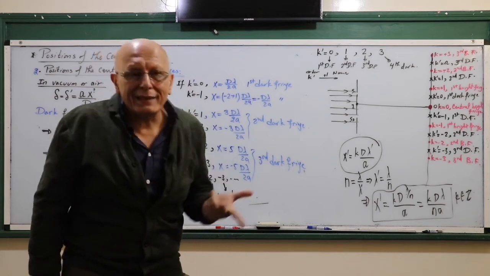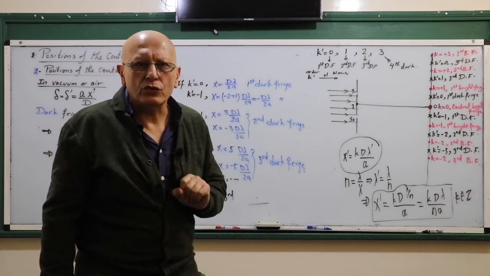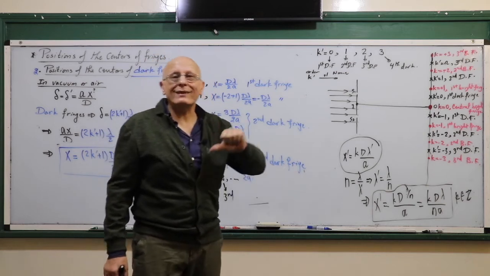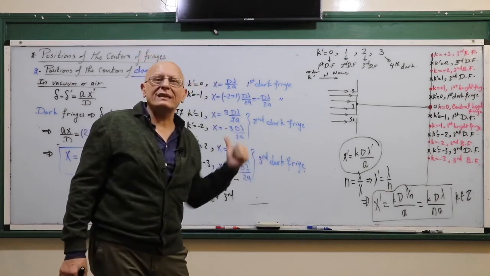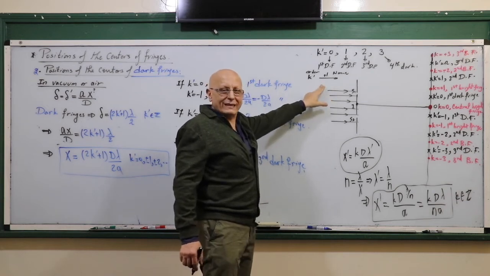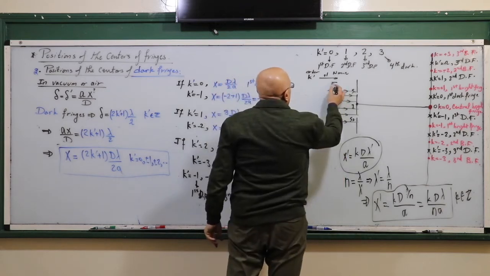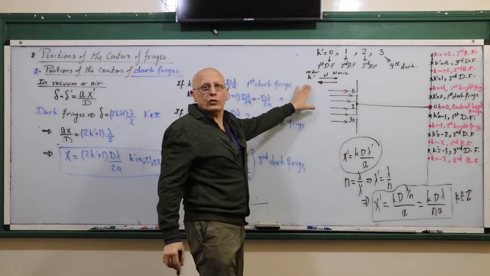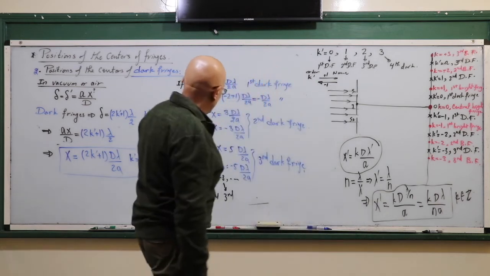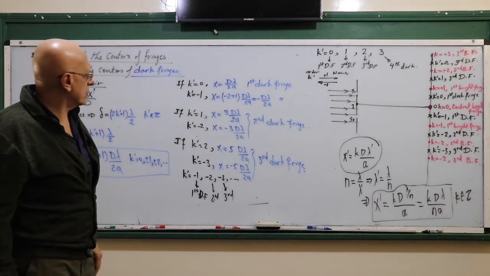If I say K9, the name will be the 10th dark fringe. Now the reverse. If I say 9th dark fringe, then K prime is 8. So from the order to the name, I should add 1. From the name, if I want the order, I should subtract 1. This is a very important note that you should take care about.